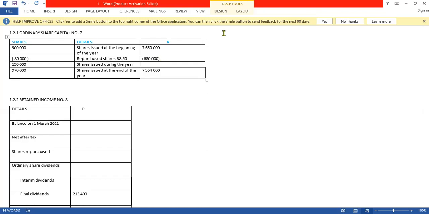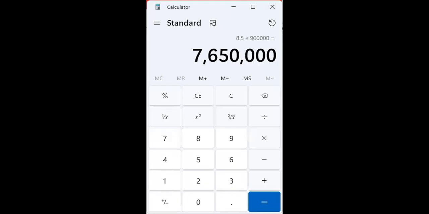Okay, let me share my calculator so that I can calculate with you. We said we are going to say 7,954,000.